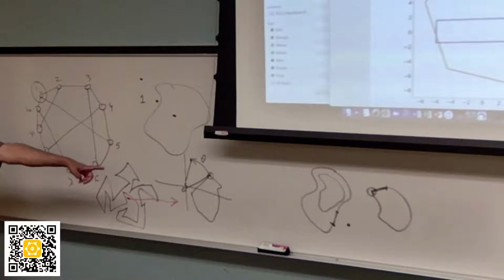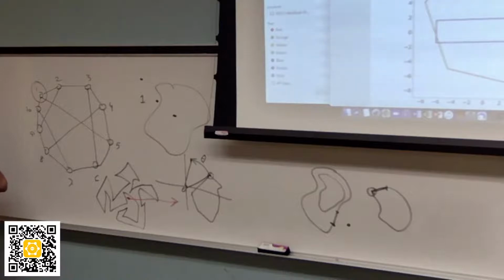And check how many times it hits the polygon. And then what do you do? If it's even or odd. If it's odd, it's inside. If it's even, it's outside.